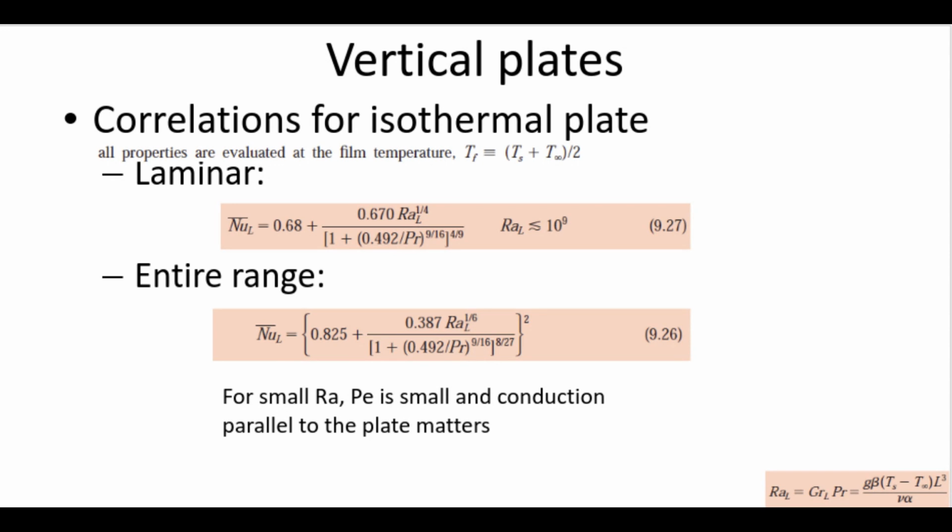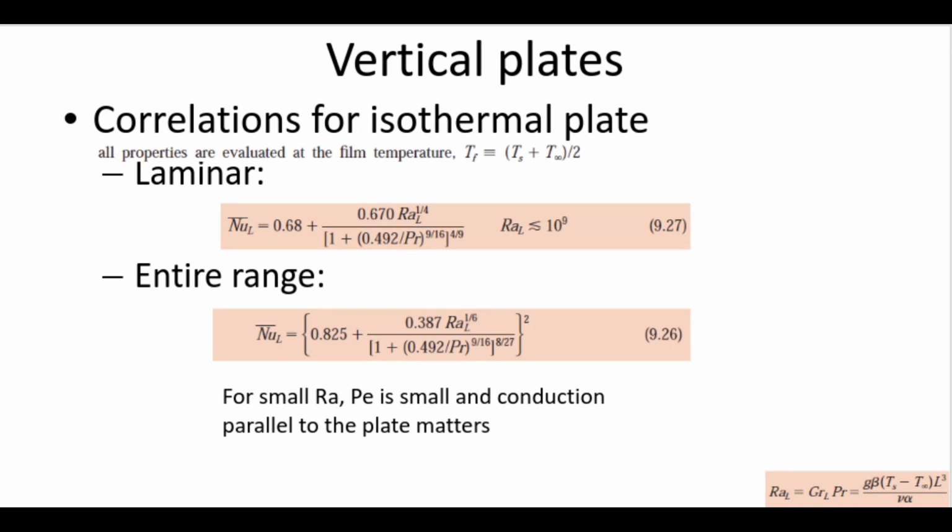You must check the condition before you use those correlations. For Rayleigh number smaller than our critical value, this one gives a better accuracy in the laminar region. But if we check our Rayleigh number first and end up with turbulence, you can only use 9.26, because this range does not apply for the turbulent region.